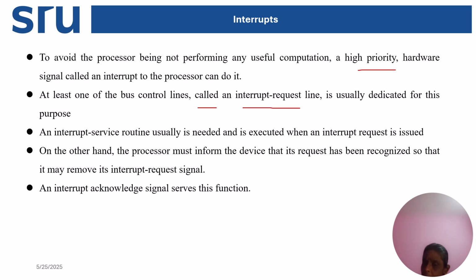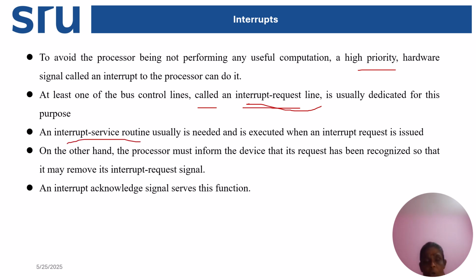A control line is used to transmit the control signal. Here the interrupt request line is just a control signal requiring service. That is why, for sending the interrupt signal, there is a dedicated line called the interrupt request line.